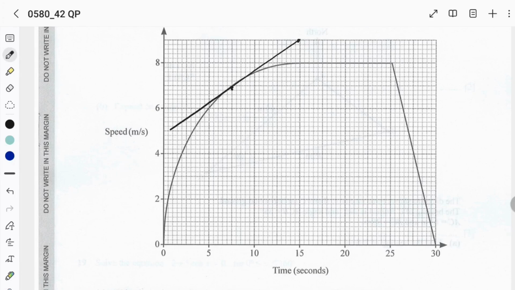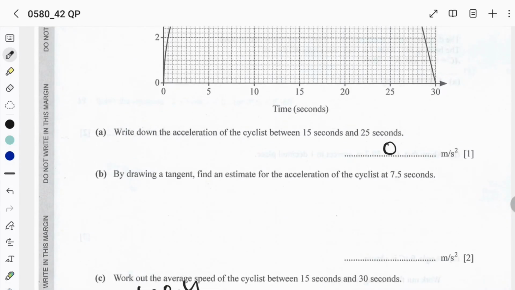For example, the two coordinates I'm taking are 15 and 9, and 5 and 6.2.